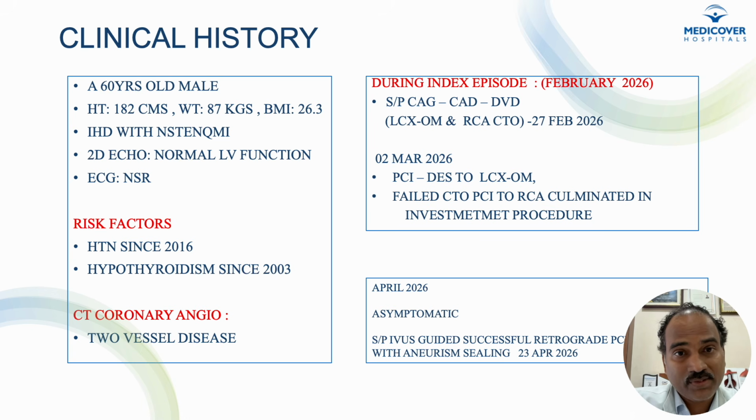In the index procedure, PCI to LCX was done, but CTO PCI to RCA failed, which culminated in an investment procedure. Subsequently, the patient came with a pseudoaneurysm, and we handled it, and I'll show you how we handled it.